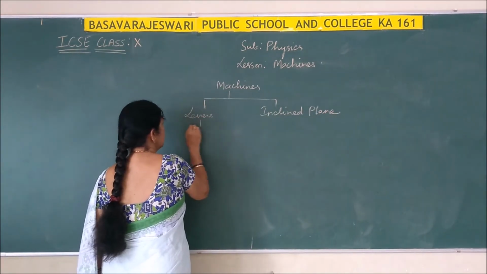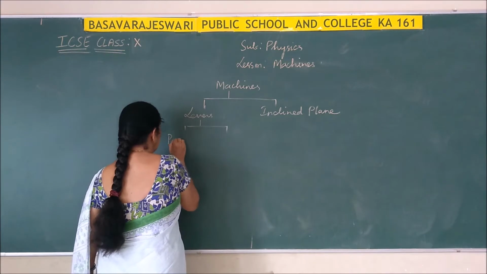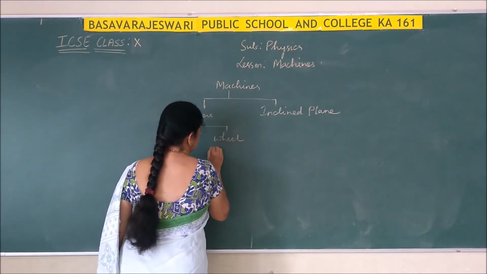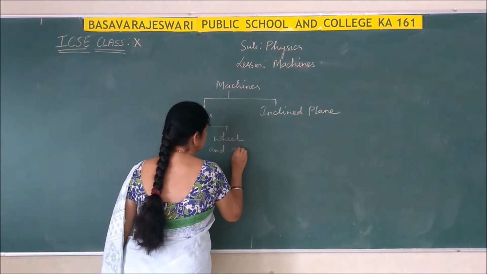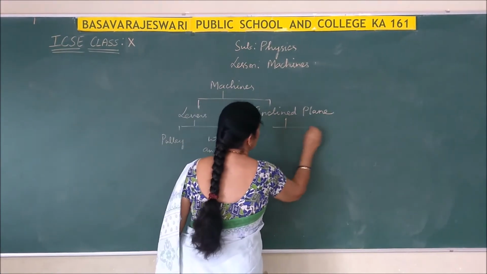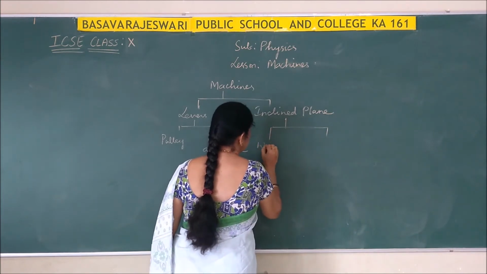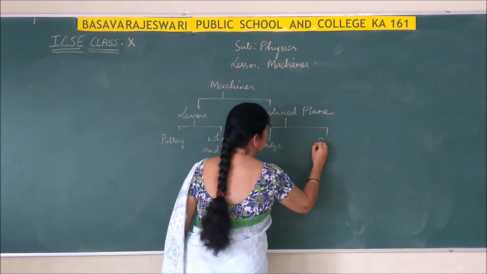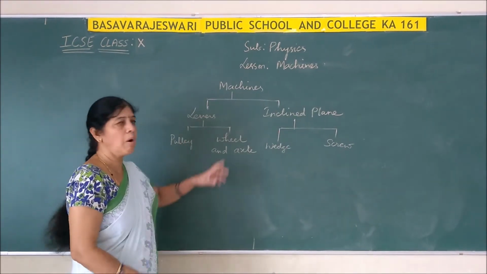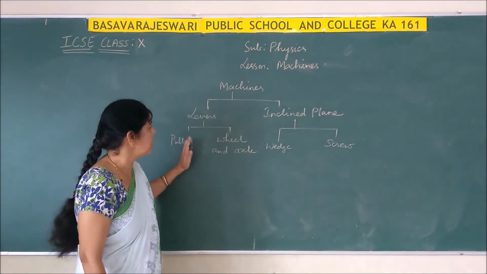In levers we have pulley and wheel and axle. In inclined plane you have wedge and screw. This is, in broad, the classification of machines.